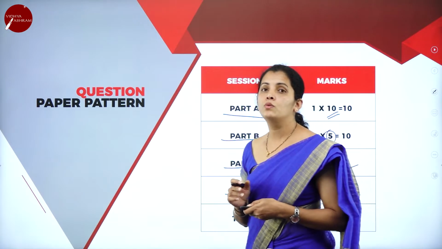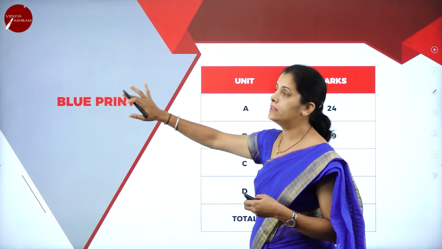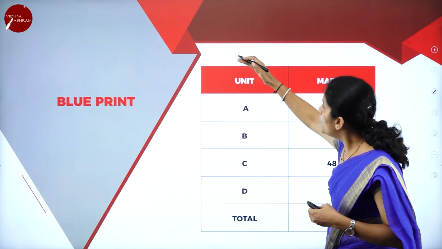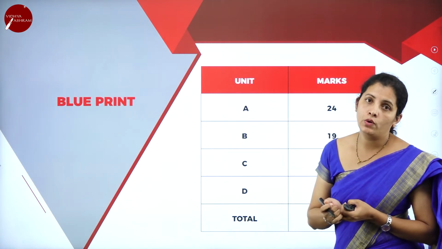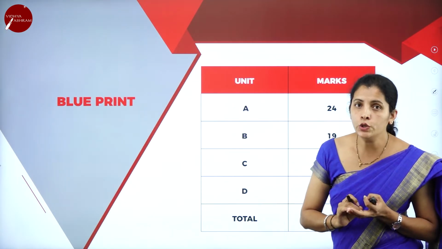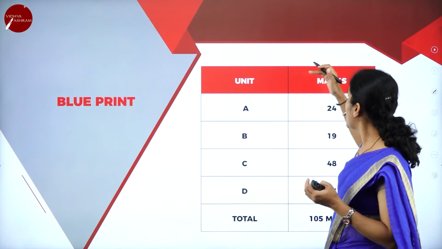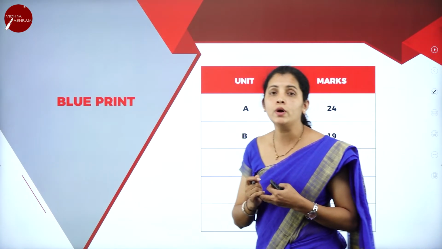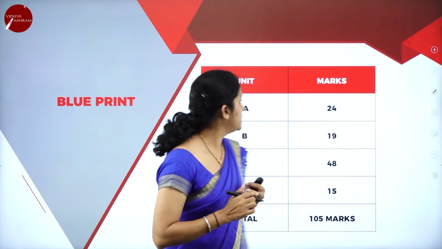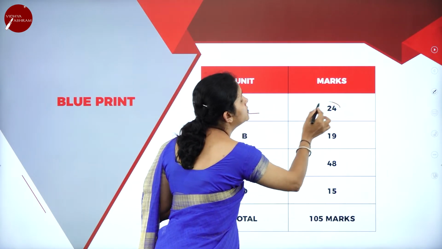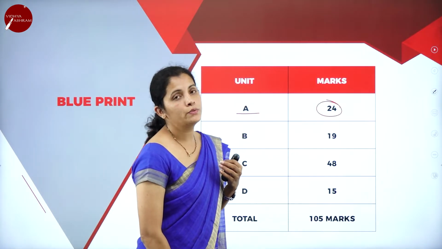Moving further, we are going to have the blueprint. If I go unit wise, I'm going to have 4 different units, along with the mark distribution. For the first unit, unit A, the marks allotted are 24.